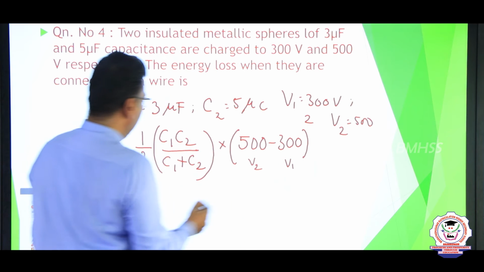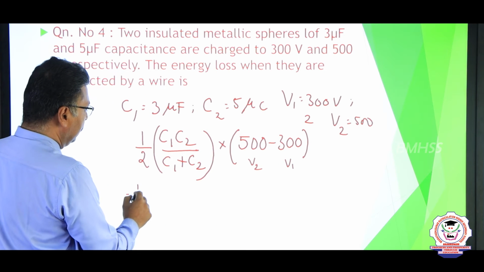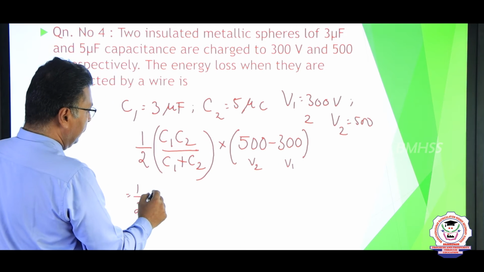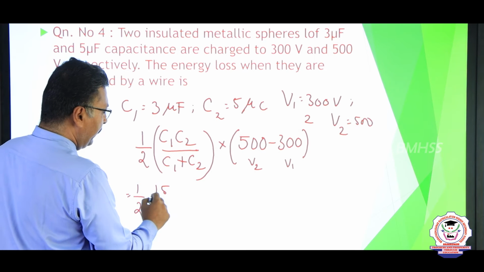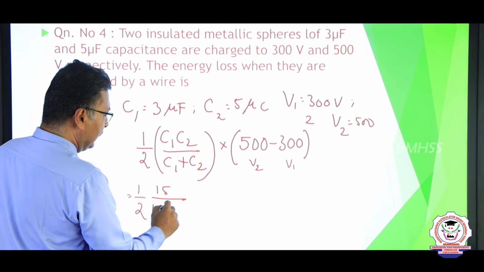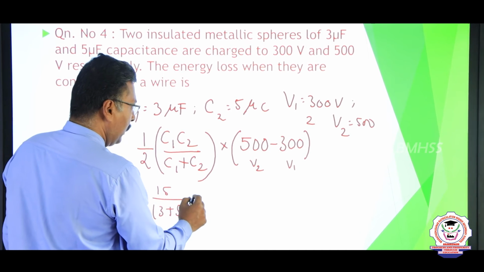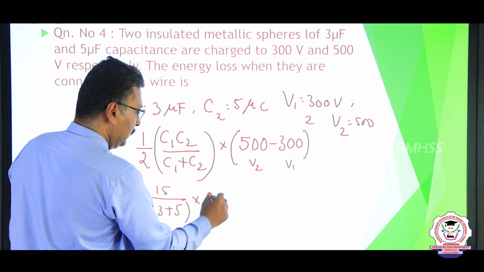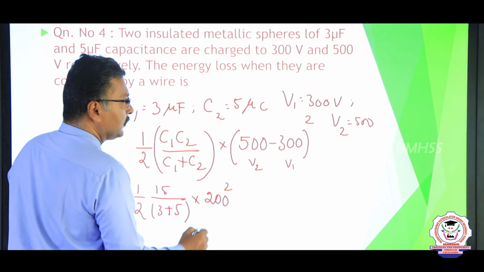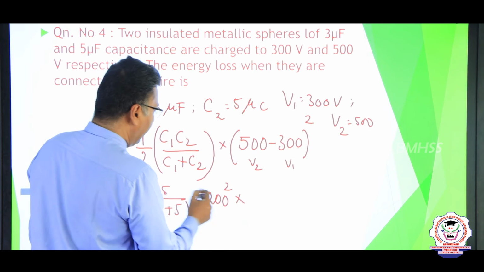So now you will get half of 3 into 5, 15 divided by 3 plus 5, into 200 whole square into 10 power minus 6.